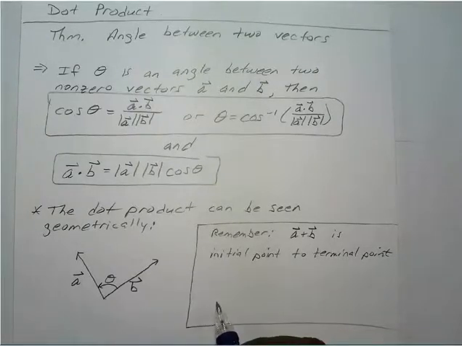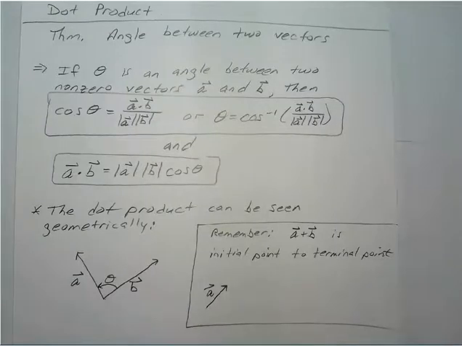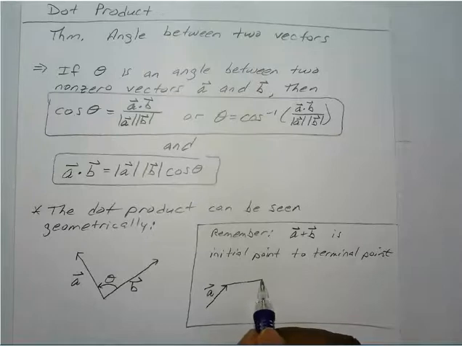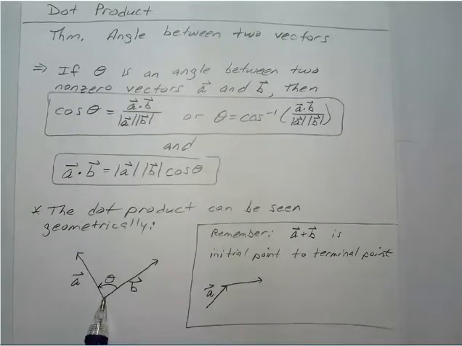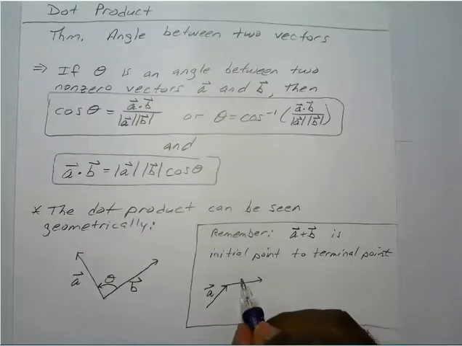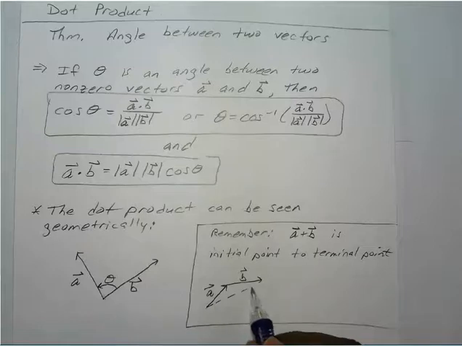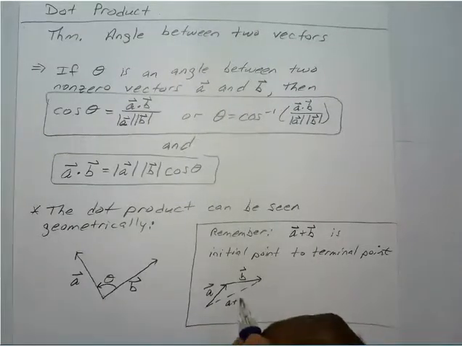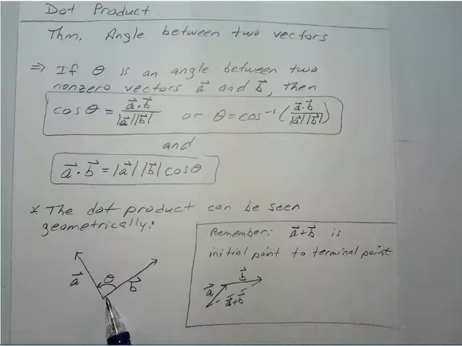So if this is vector A and we added vector B, B would be right at the terminal point of A. These two have the same initial point. So A plus B would be right here. A plus B is not the same as the dot product of A and B.